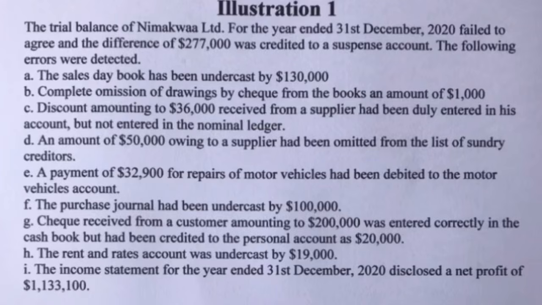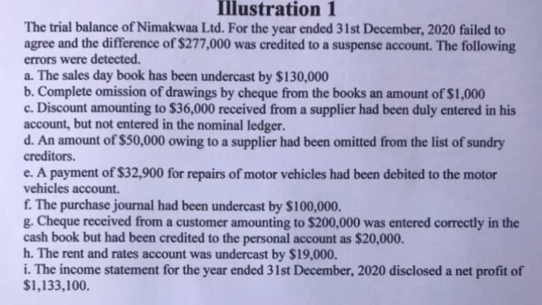So from our question, the trial balance of Nimapa Limited for the year ended 31st December 2020 failed to agree, and the difference of $277,000 was credited to the suspense account. The following errors were detected. A. The sales day book has been undercast by $130,000. B. A complete omission of drawings by check from the books, an amount of $1,000.